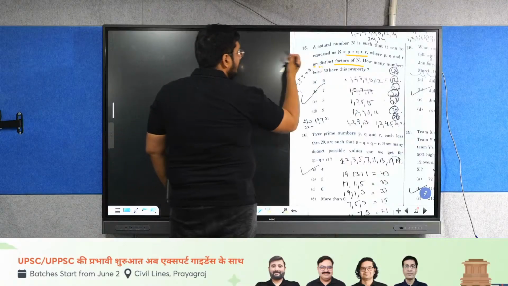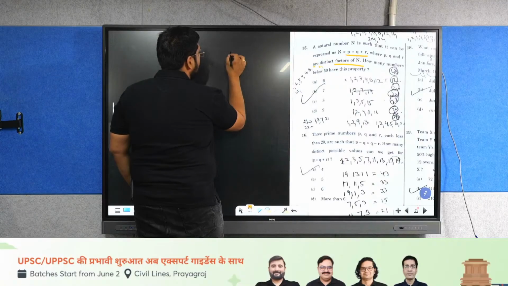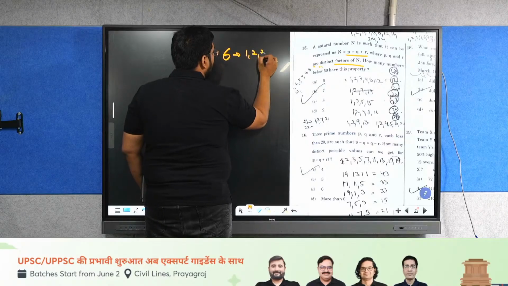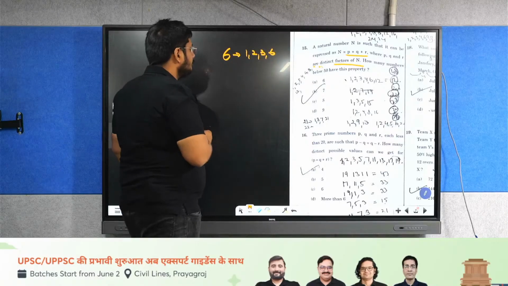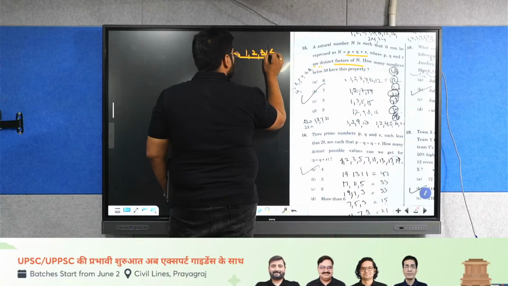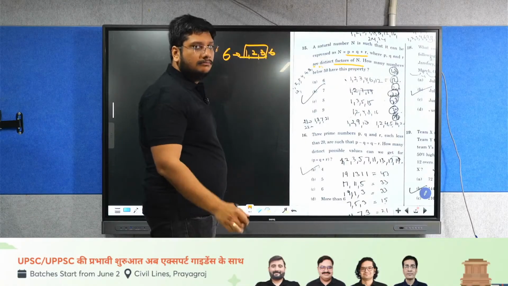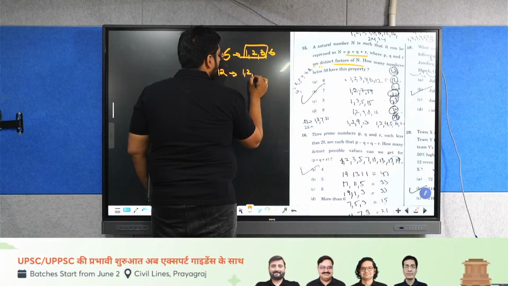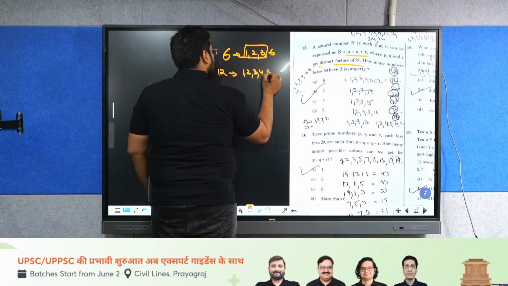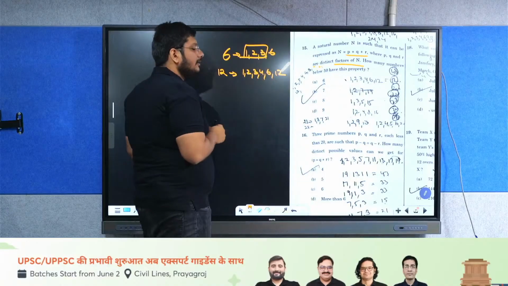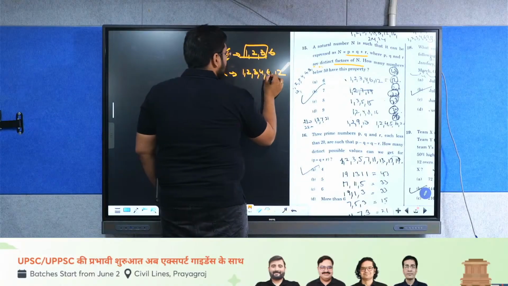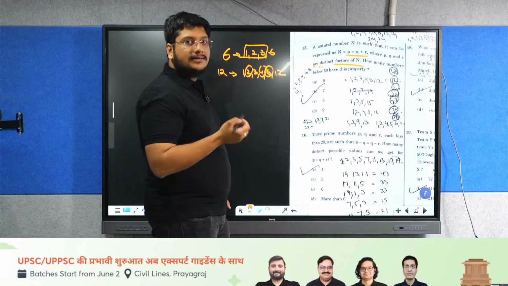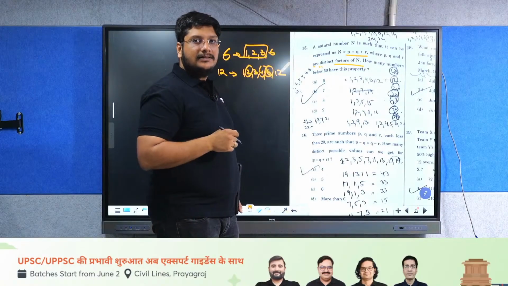So here let me count the total. First let me take 6. Its factors are 1, 2, 3 and 6, and 6 can be expressed as 1 plus 2 plus 3 is equal to 6, solvable. 12: 1, 2, 3, 4, 6, 12, all these are the factors. 6, 4 and 2, 2 plus 4 plus 6 is equal to 12, can be expressed in this form.